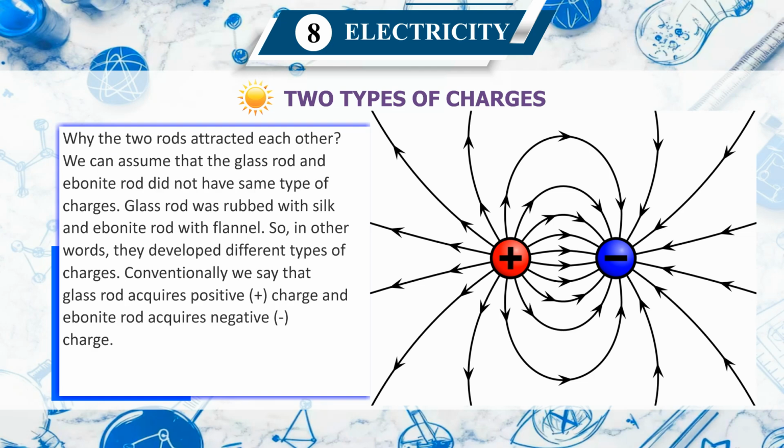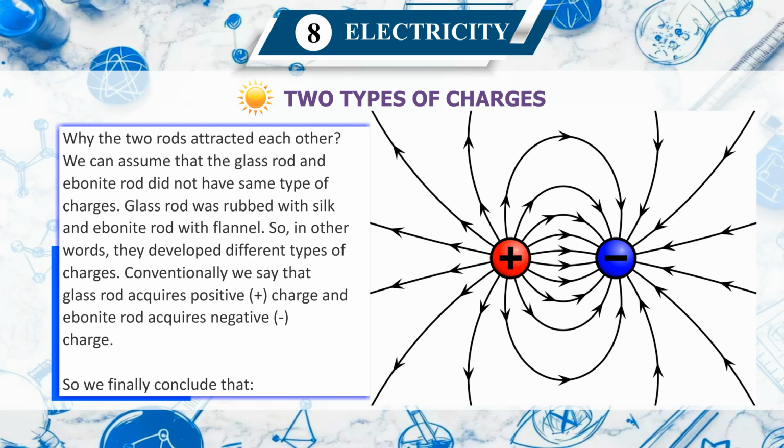We can assume that the glass rod and ebonite rod did not have the same type of charges. The glass rod was rubbed with silk and the ebonite rod with flannel. So, in other words, they developed different types of charges. Conventionally, we say that the glass rod acquires positive, plus charge, and the ebonite rod acquires negative, minus charge.